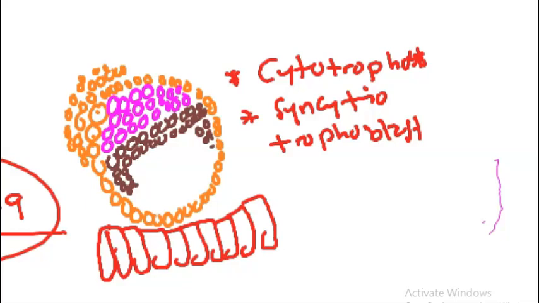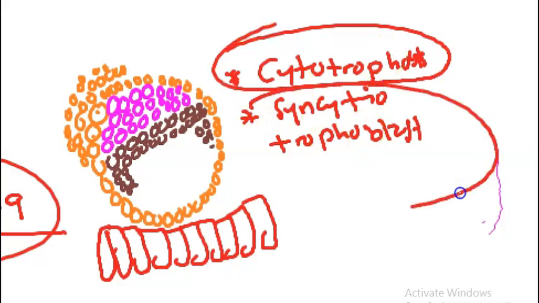Notice that the cytotrophoblast is the inner layer which remains cellular. That is the first one. And the second one is the outer layer, which becomes multinucleated and invades deeper into the endometrium.